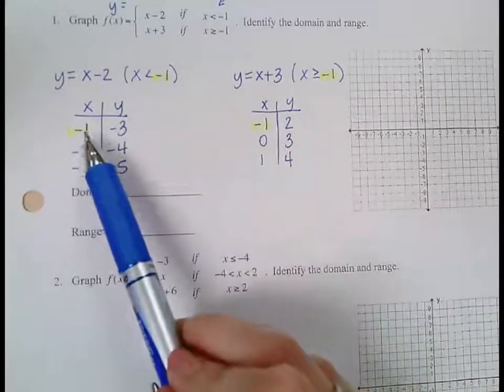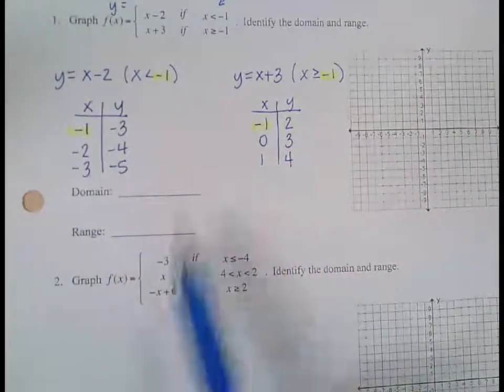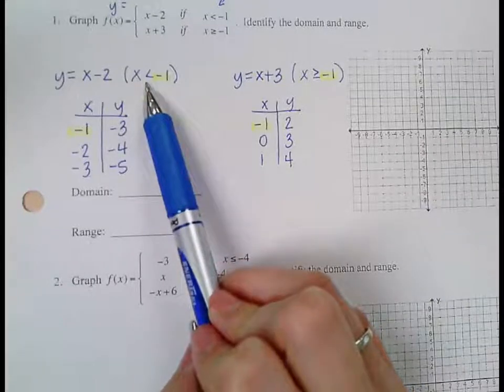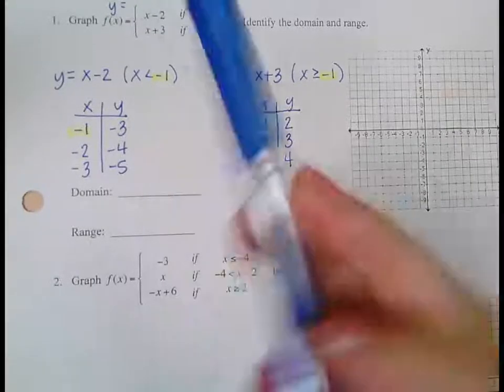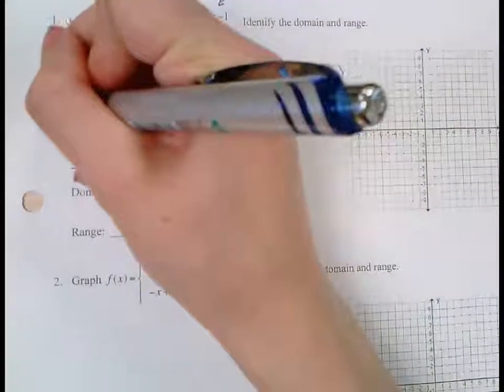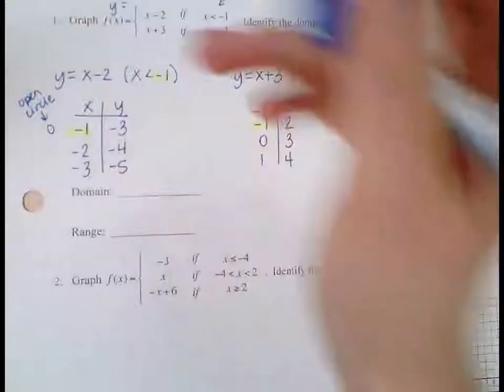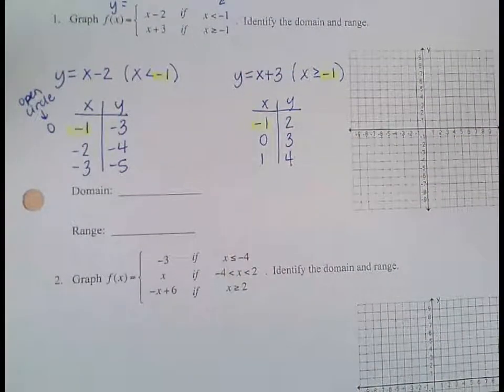So to figure out which one's a circle, which one's a dot, you look at your inequality. Because this first one is strictly less than -1 and it's not equal to, this is going to be an open circle on the graph. So you determine circles and dots the same way you determine them on an inequality.